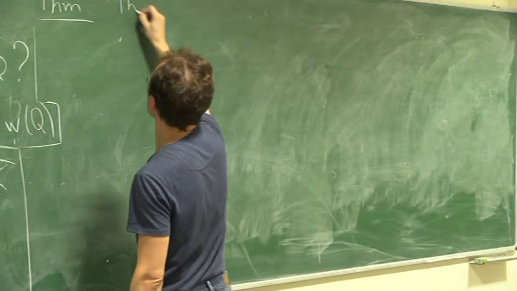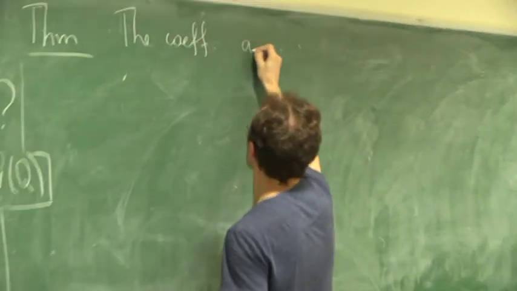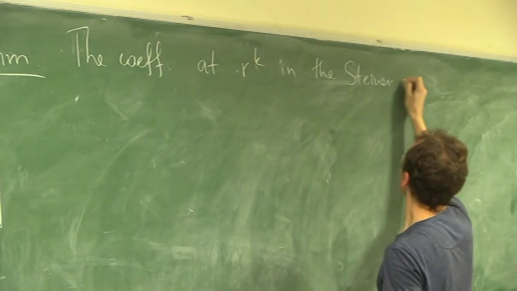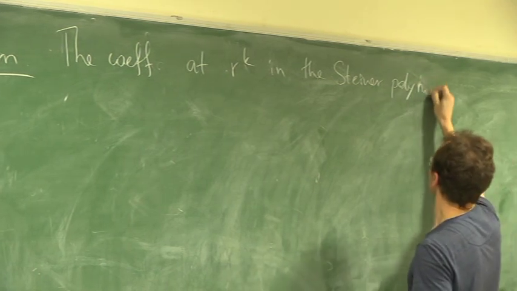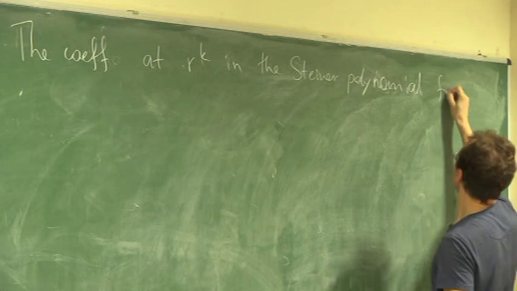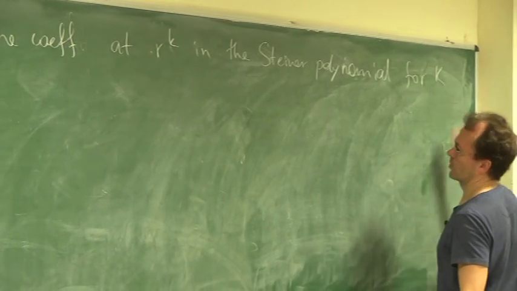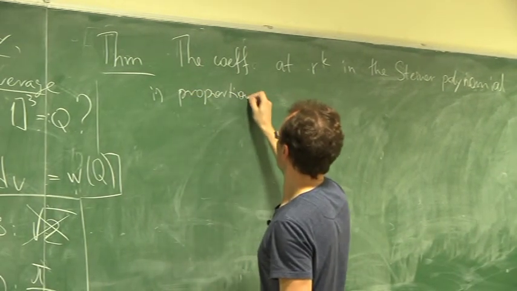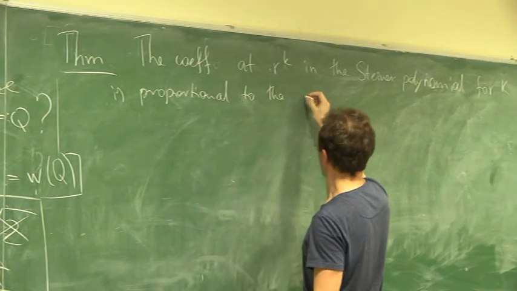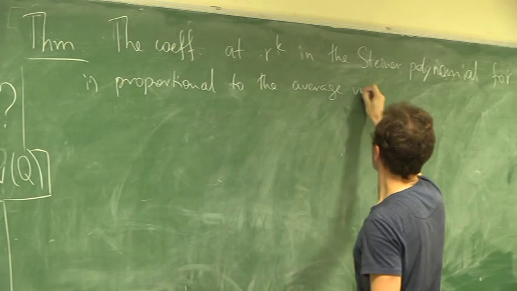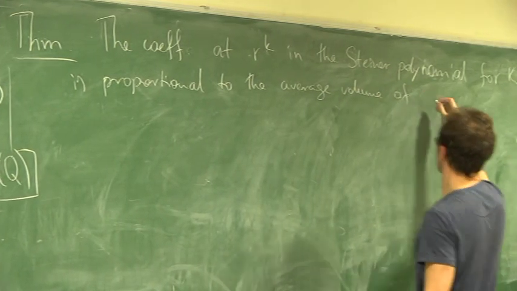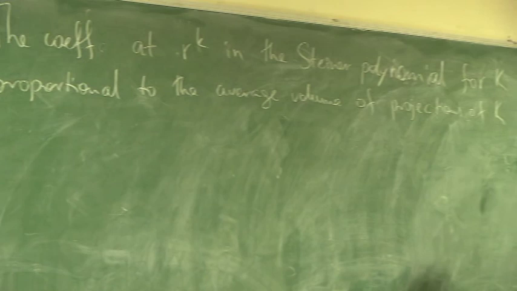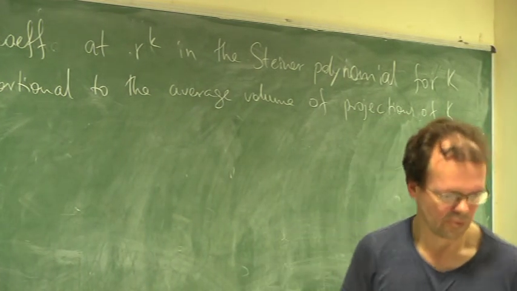The coefficient at k in the Steiner polynomial of K is proportional to the average volume of projections of K to subspaces of dimension d minus k.